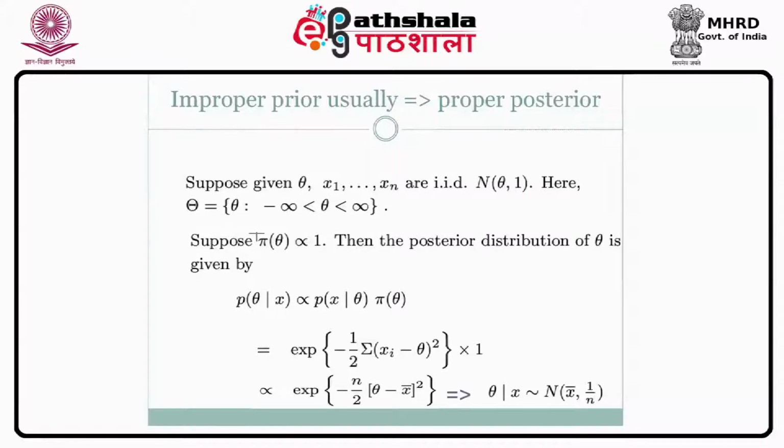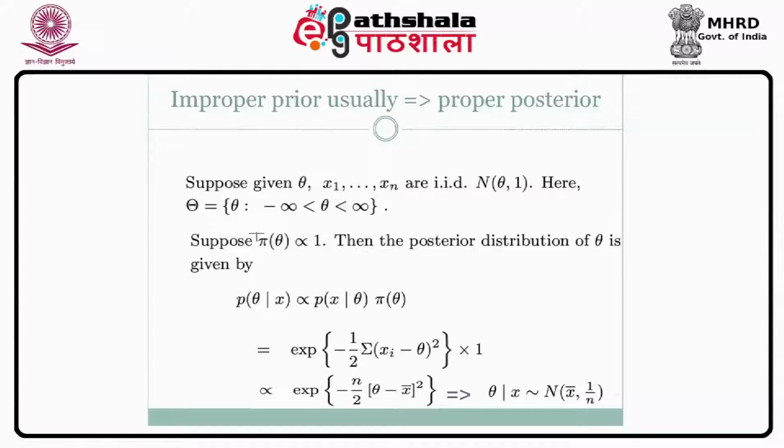Now for inference on theta, I take pi theta to be a uniform prior, pi theta proportional to 1. Like the previous situation in the case of the normal distribution, where I said pi mu is 1. With that we compute the posterior distribution, and that is a very proper distribution.